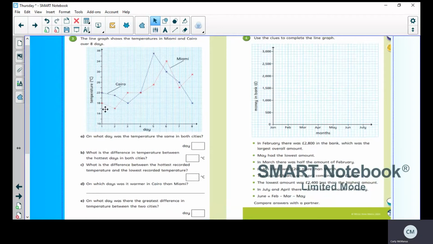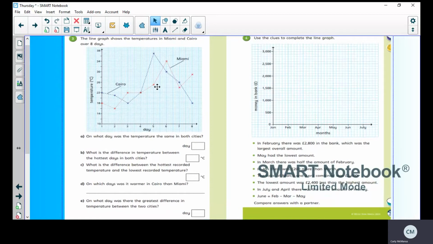We've got 16 and we've got 20, and that's probably 21 there, because if 18's there, 20 would be there, and that's just above. The difference of 18 and 21. And then on day 3, you've got 18 and 22, that's a difference of 4. On day 4, they're exactly the same, so there's no difference.